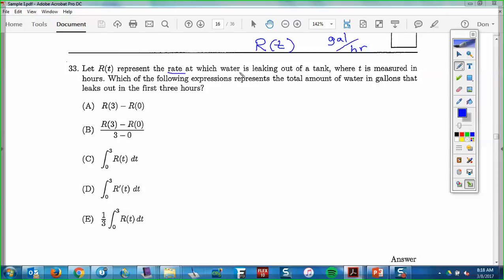The rate at which the water is leaking out, T is measured in hours. And then gallons is your amount of water. What's the total amount of water that leaks out in the first 3 hours?